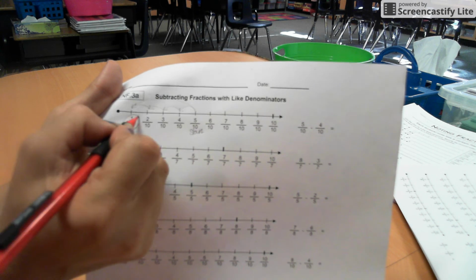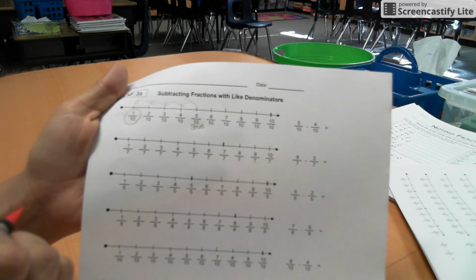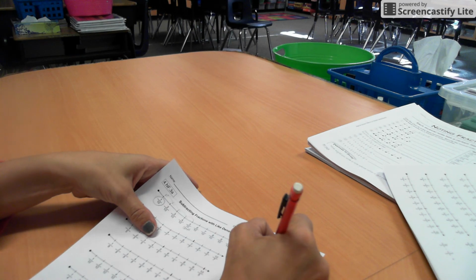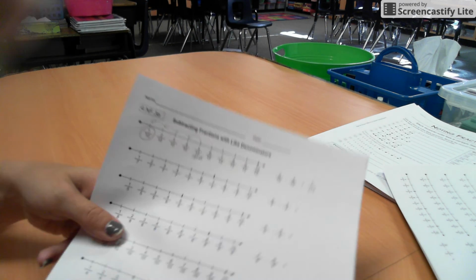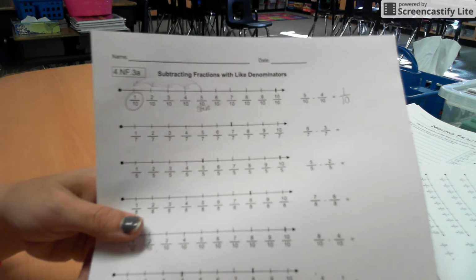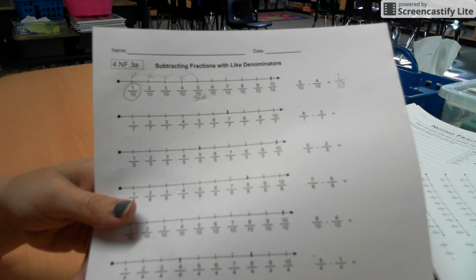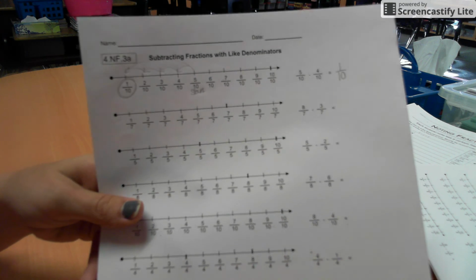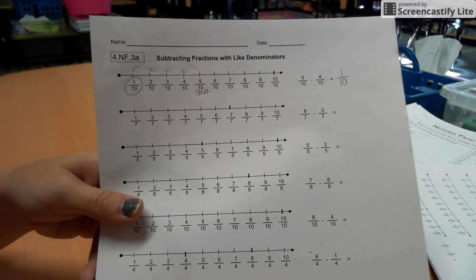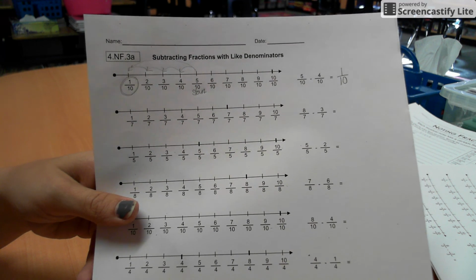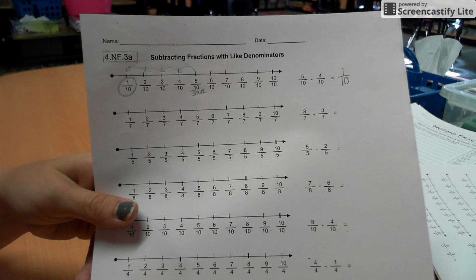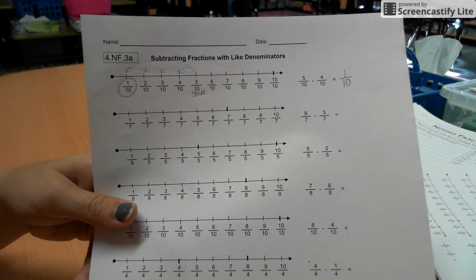Either way, I ended up where? At 1 tenth. So I know that 5 tenths minus 4 tenths is 1 tenth. Now, is that in simplest form? Yes, because it is a unit fraction. So make sure you have that copied down. Sorry, it was a little blurry. It fixed.